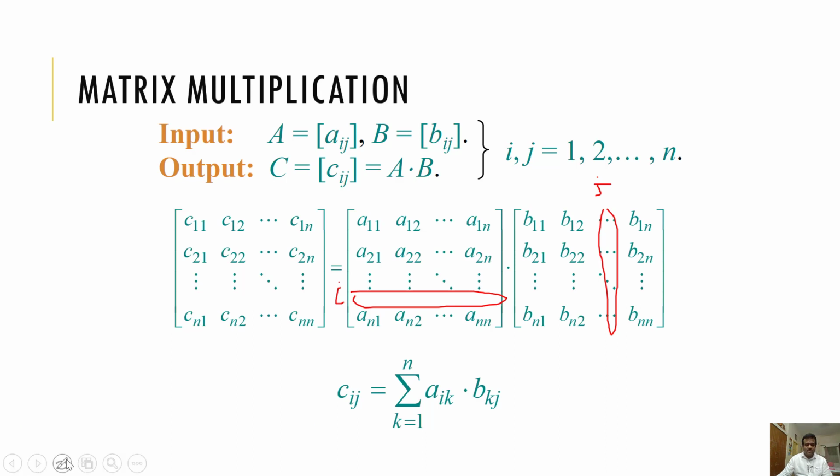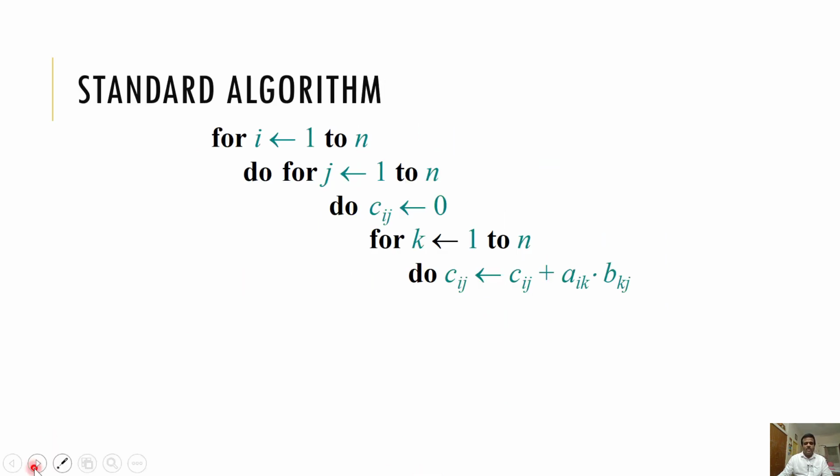So it is the summation of aik times bkj, where k varies from 1 to n. This is the formula for matrix multiplication we know, and maybe you have coded it in C or another language in your data structure course. That is the code we are going to discuss now.